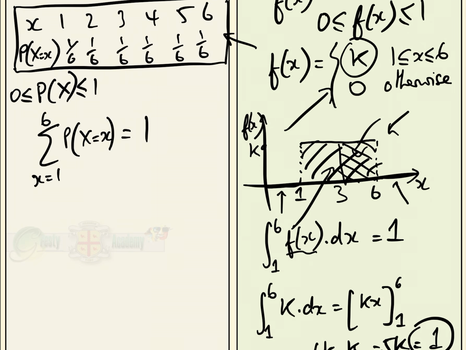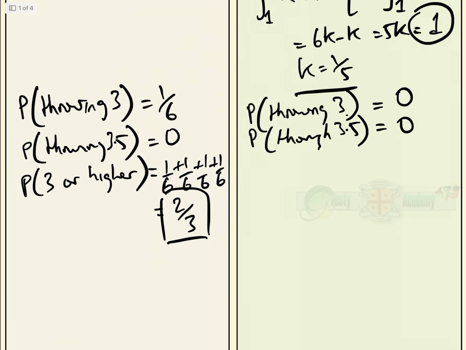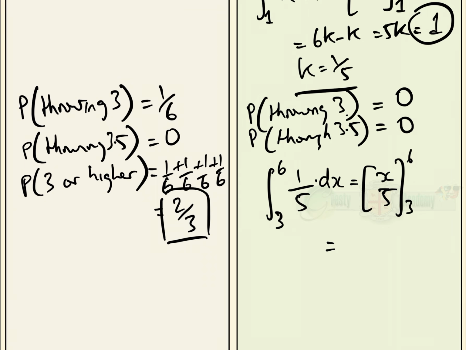We know that the area under the whole curve is 1, so the probability that it's between 3 and 6 is the area between 3 and 6, which means we have to do our integral between 3 and 6, and we've already worked out that k is 1/5, so the integral of 1/5 dx equals x over 5 between 3 and 6, which equals 6 over 5 take away 3 over 5, which equals 3/5.